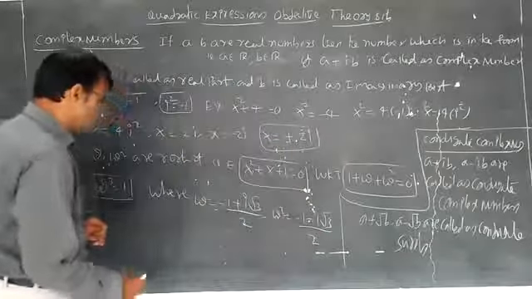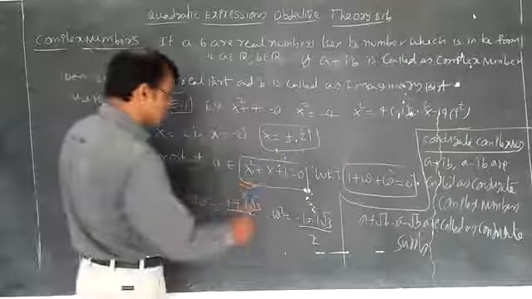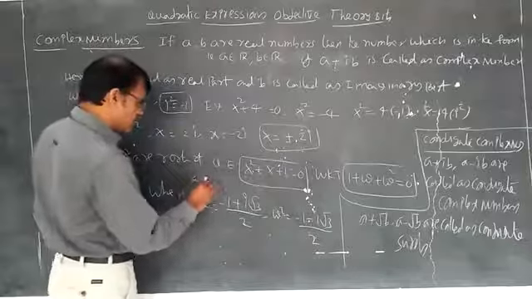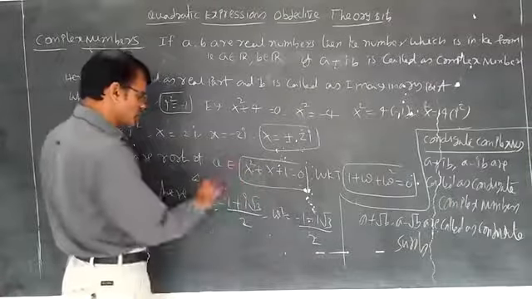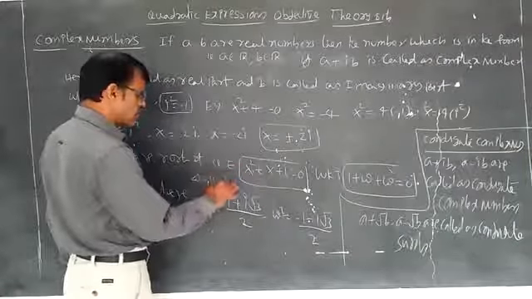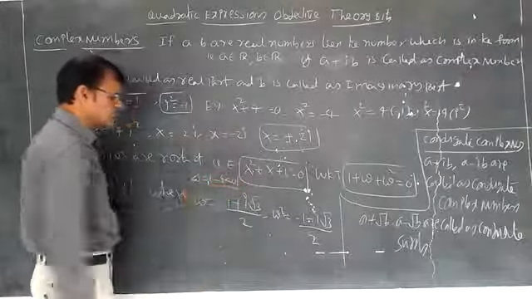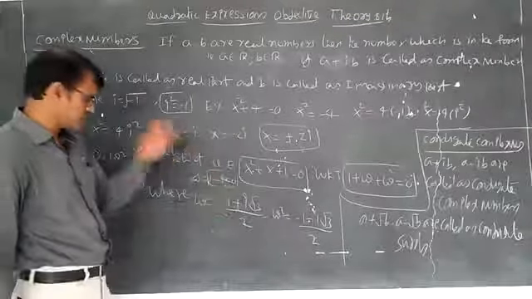In a similar way, if x² + x + 1 = 0, find delta using the b² − 4ac concept: 1 − 4, which is less than 0, that is −3.